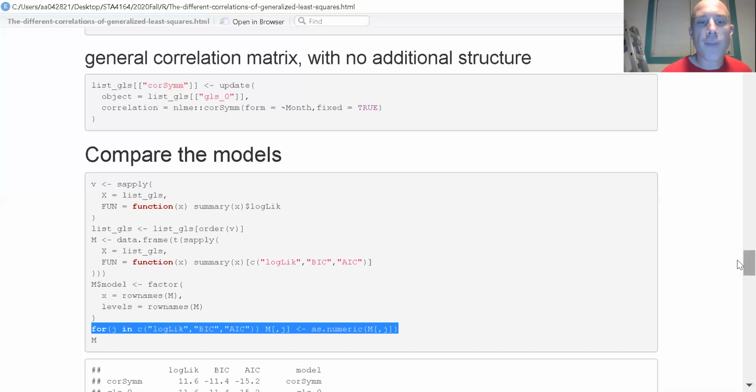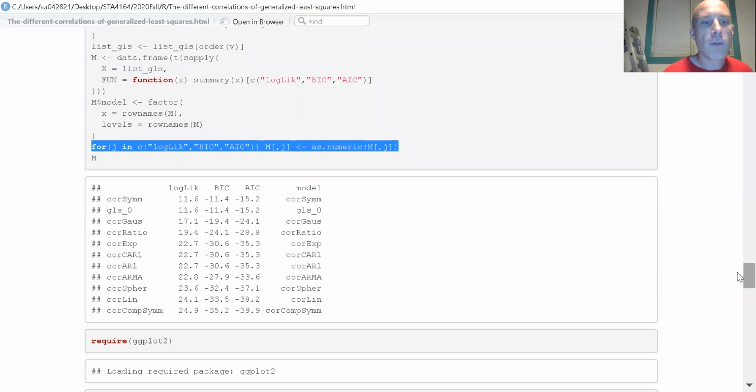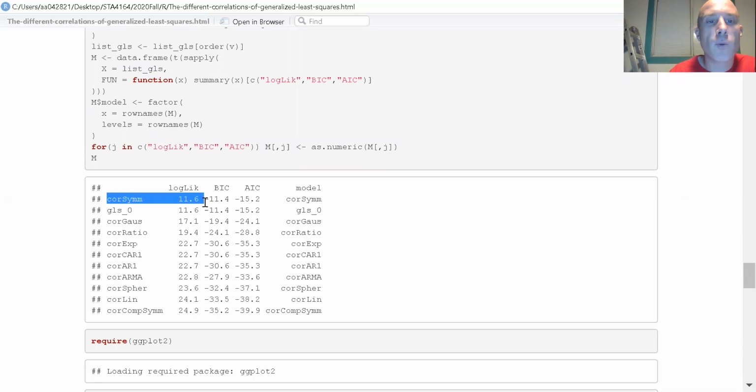All right, so let's look at the actual values. When I look at this, I can see that for corSymm, the log likelihood was 11.6, which is the same as my baseline. Then we get our Gaussian, rational, exponential, continuous autoregressive, autoregressive 1, autoregressive moving average, corSpher, corLin, and so on.